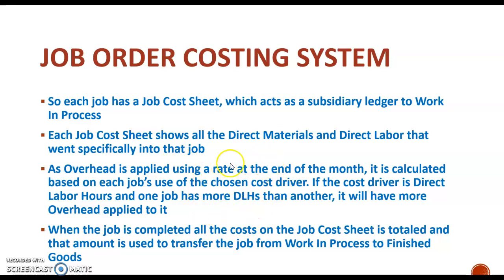If the job is not complete at the end of the month, I just carry it over to next month and keep adding more materials, more labor, and more overhead. But once it is completed, I'm going to total all those costs up, and I'm going to transfer that job from work in process to the finished goods account.